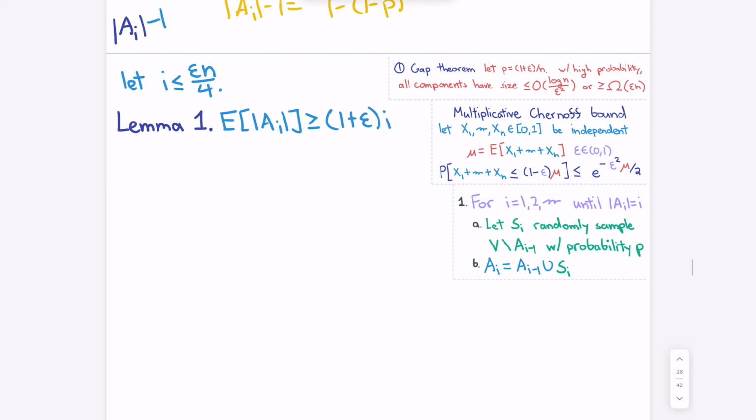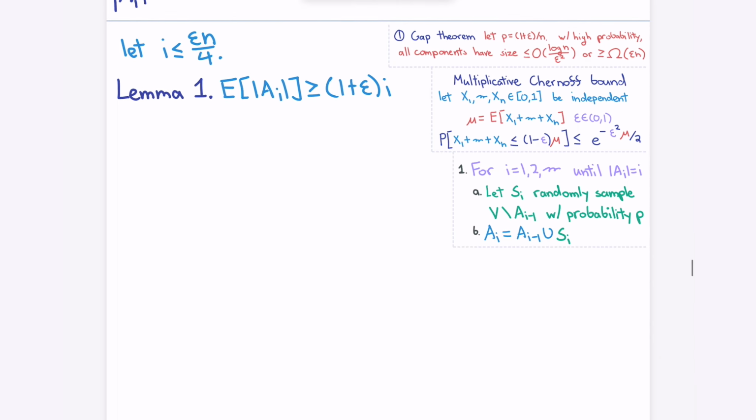So I guess the first claim is that if I'm looking at I not too big, like up to epsilon n over 4, beyond which the calculations get a little messier, the expected size should be at least 1 plus epsilon I or something.